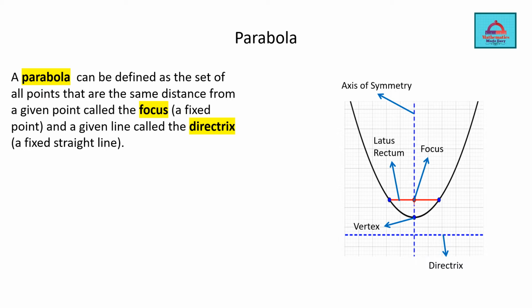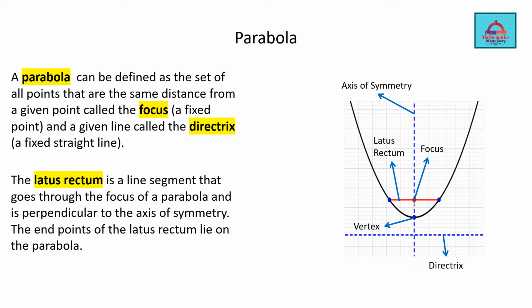So this is important. Then the point V, which is called the vertex here, is the point where the parabola originates, and the latus rectum is this small line that you see which passes through the focus parallel to the directrix and joins 2 points on the parabola. So I will now define the latus rectum: it is a line segment that goes through the focus of the parabola.